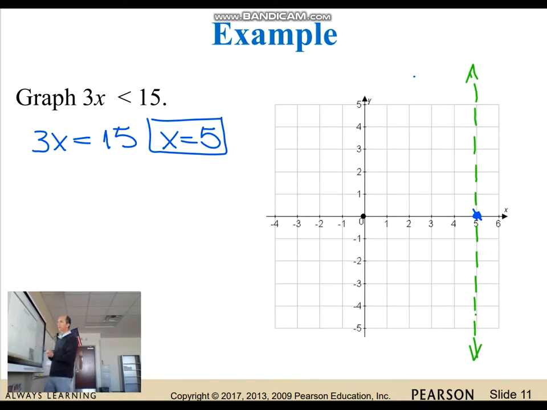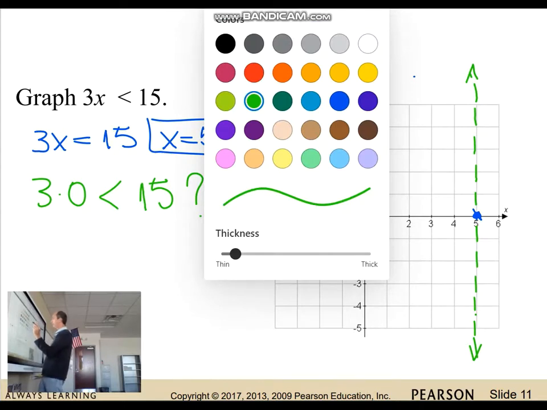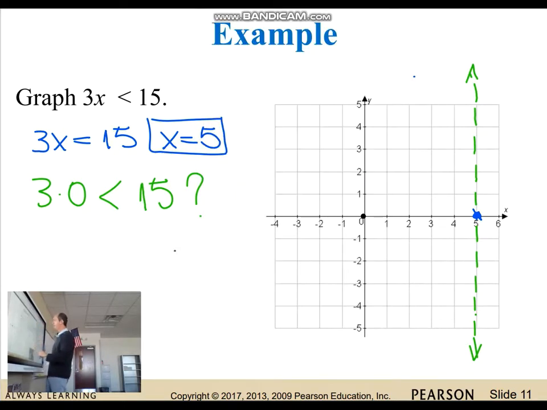We can still work with x equals 0, y equals 0, and make here 3 times 0 is less than 15. Question, is this true or is this false? True. This is a true statement. Yes, 0 is less than 15.